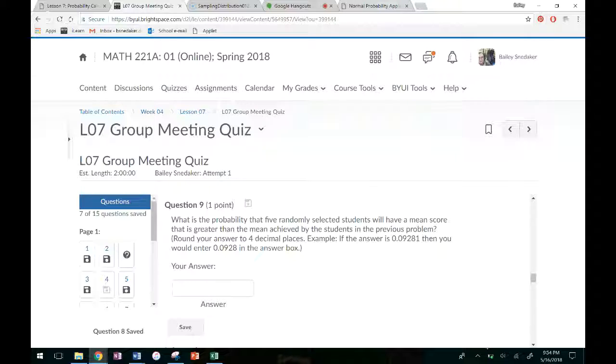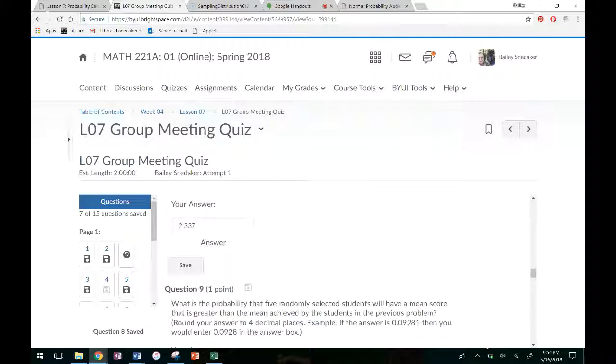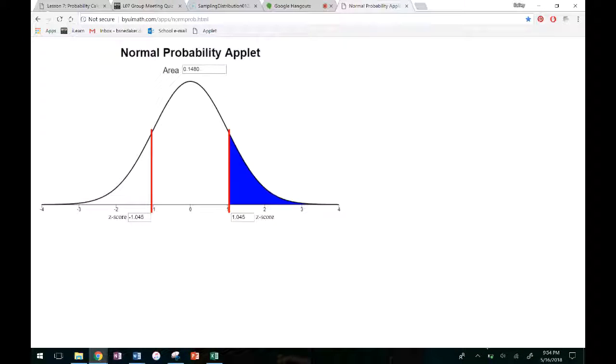So don't we just put it into the applet and it's just everything to the right? Yeah, so 2.337.